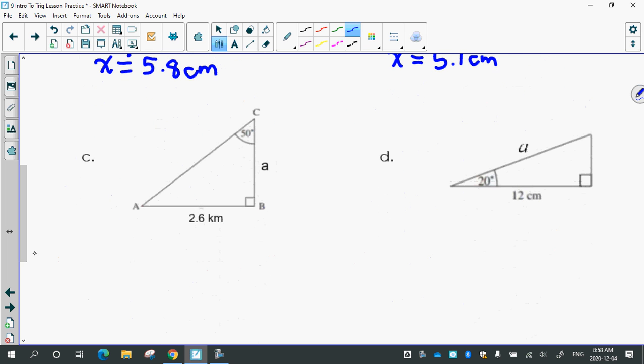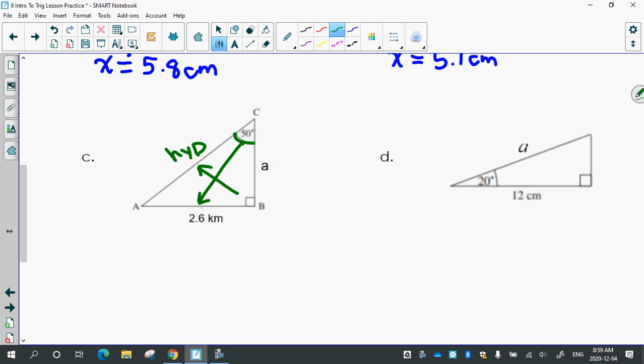Our next one. So we name our sides according to the acute angle we're given. 50 degrees this time, we're going to name our sides. So across from the 90 is our hypotenuse.